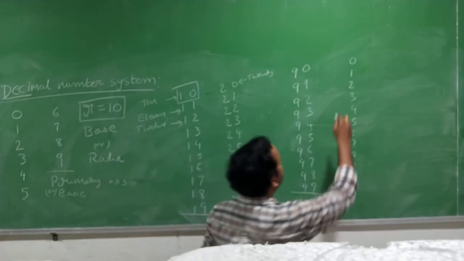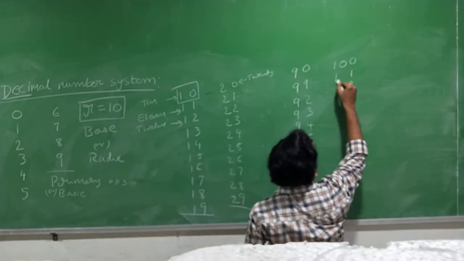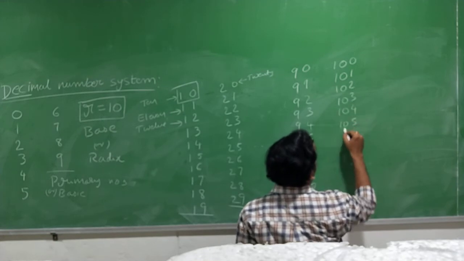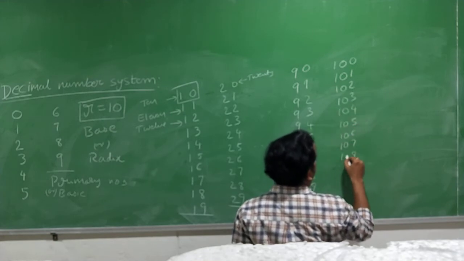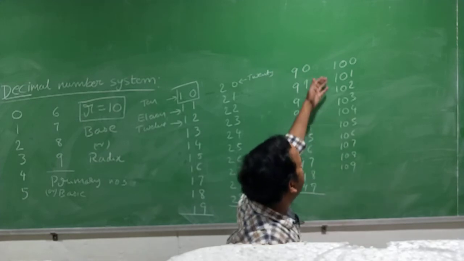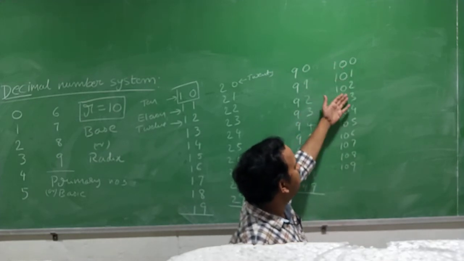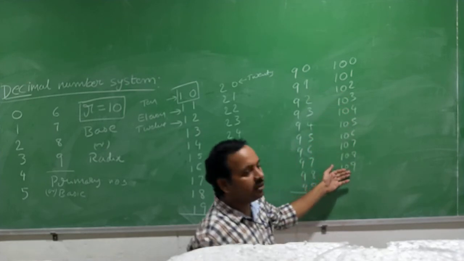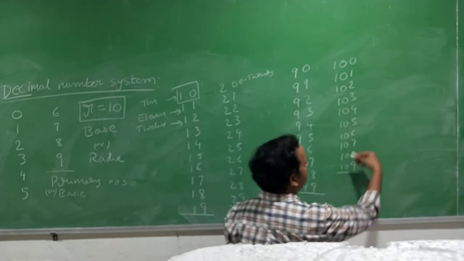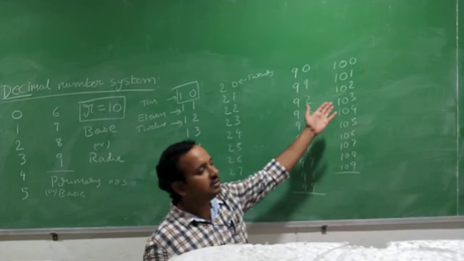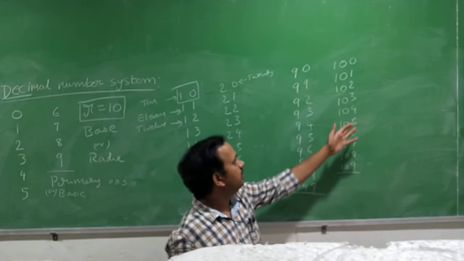So we are repeating the sequence for the 10th time, and that is why you get 100. For this sequence I have given the names 100, 101, up to 109. Like this it will go on. After that you get the next sequence, 110, 111, like that.